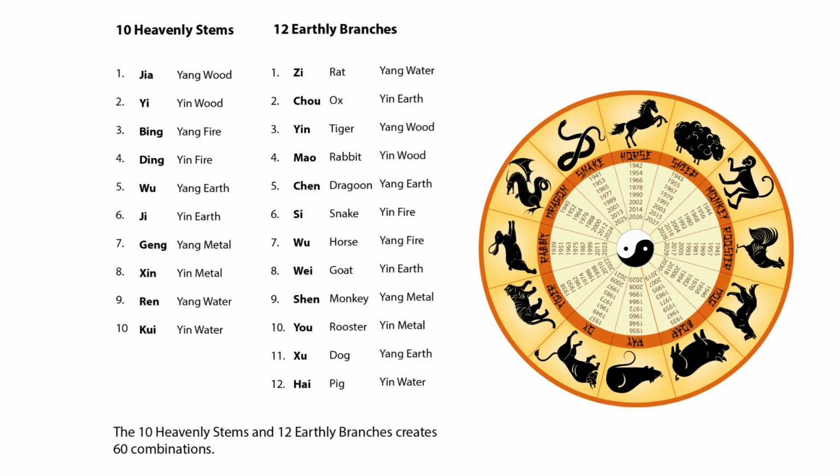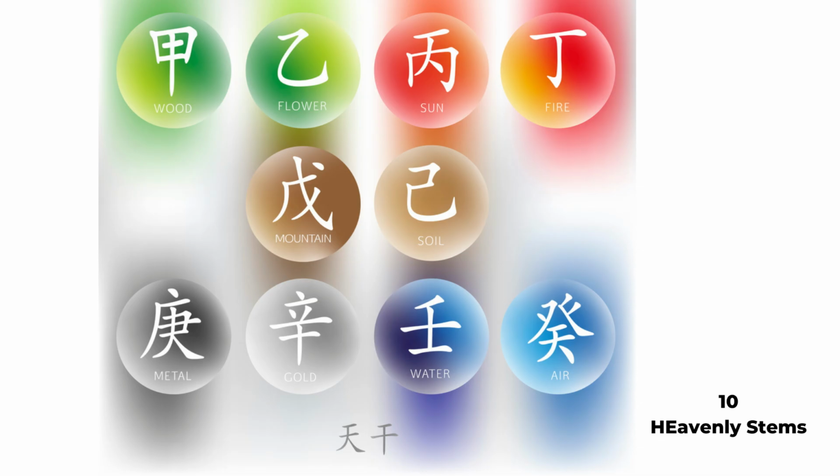Each year is related to one of the 5 elements, and we can look at the basic theory behind that. We have the 10 heavenly stems and the 12 earthly branches. When we are talking about the 5 elements of the year, we are usually talking about the 10 heavenly stems.